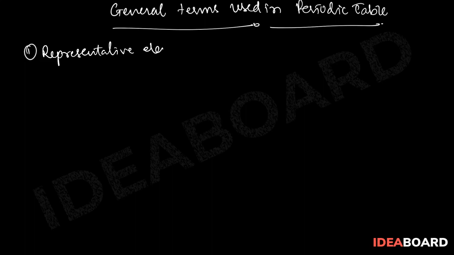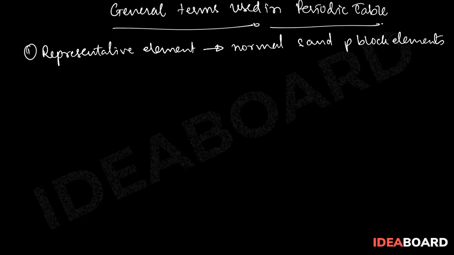Representative element. So S and P block elements except inert gases. So normal S and P block elements except noble gases are called representative elements, and they actually represent most of the elements present in nature.